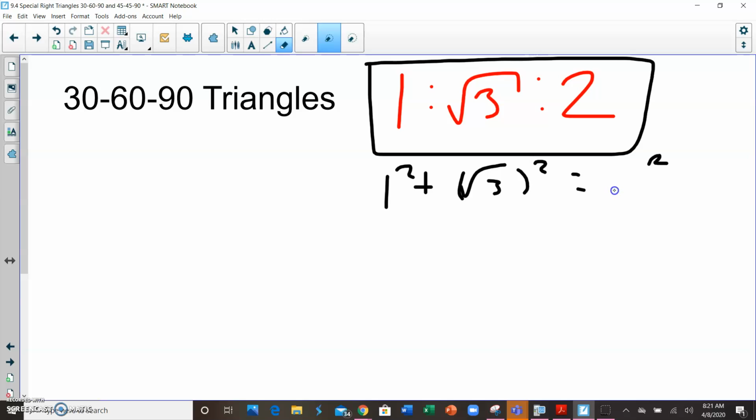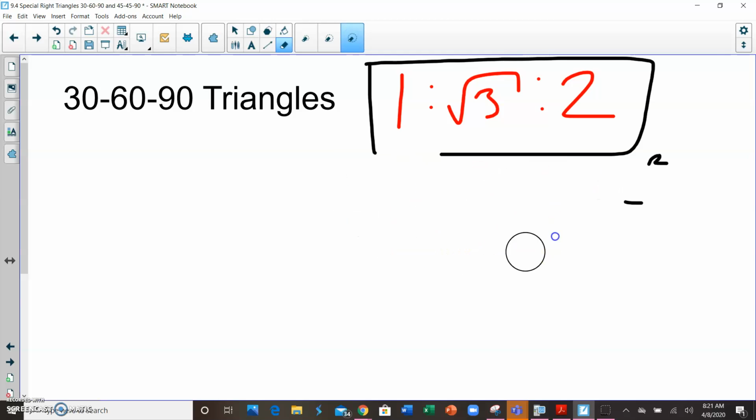Sorry, I'm new at this, and I need my stylus, which is coming tomorrow. So 1 plus 3 is equal to 4. So it does follow a squared plus b squared equals c squared. All right, so I need that room, so I'm going to erase that. We don't need that. Okay, so it does follow that cardinal rule for triangles that you guys learned a couple years ago.